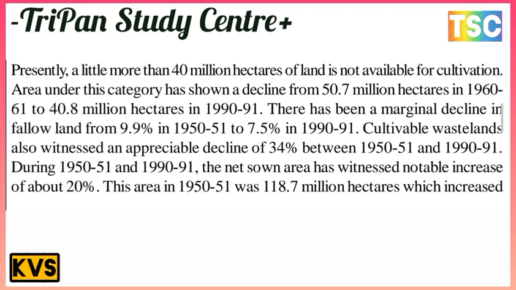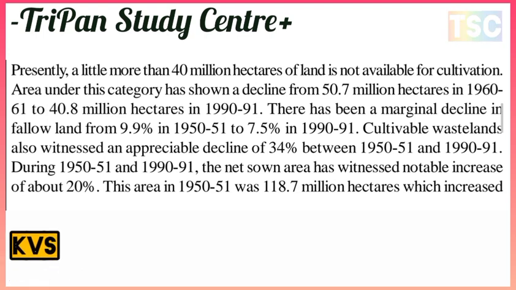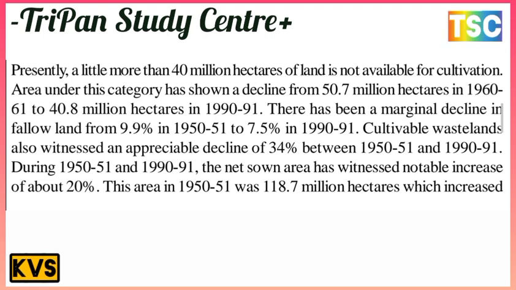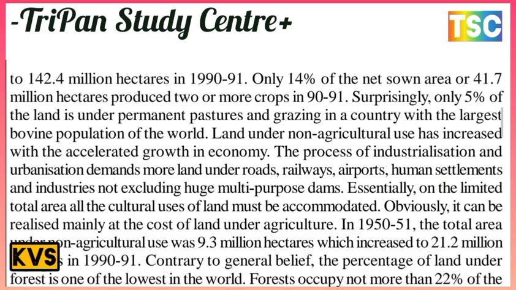There has been a marginal decline in fallow land from 9.9 percent in 1950-51 to 7.5 percent in 1990-91. Culturable wasteland also witnessed an appreciable decline of 34 percent between 1950-51 and 1990-91. During this period, the net sown area witnessed a notable increase of about 20 percent, from 118.7 million hectares in 1950-51 to 142.4 million hectares in 1990-91. Only 4 percent of the net sown area, 41.7 million hectares, produces two or more crops in 1990-91.